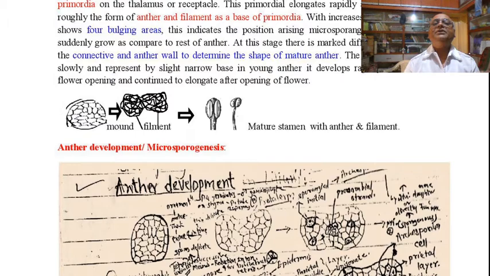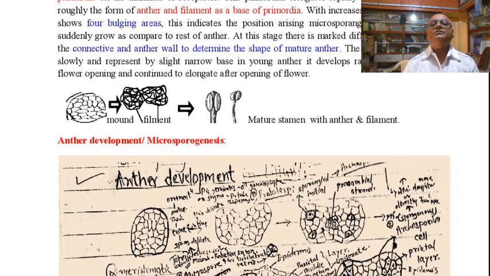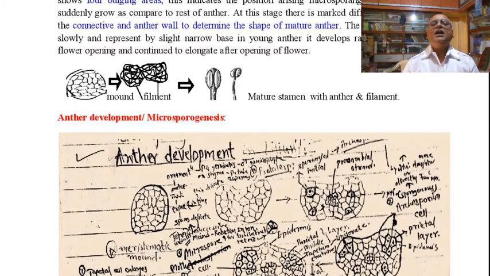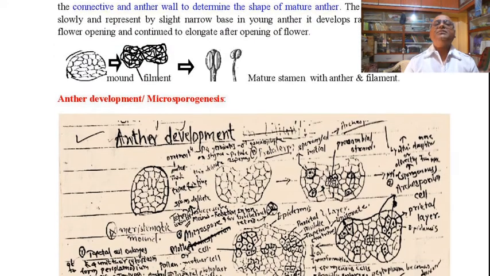It is the complete anther and stamen that has been formed. Then after the development of the stamen, the next part is development of the anther. It is also called microsporogenesis.